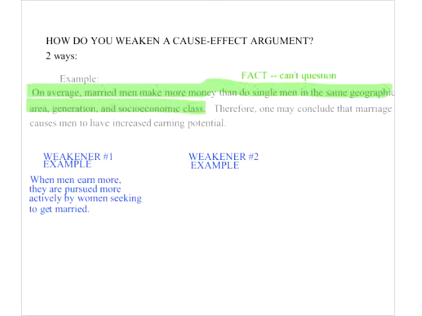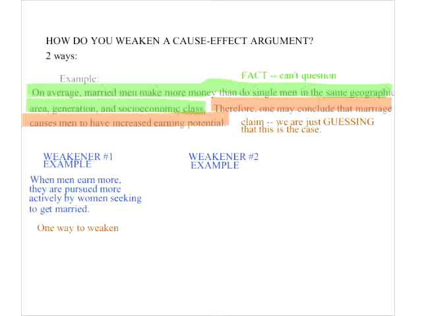This is the claim. This is what you can attack. You can provide alternatives to this claim. But we are just guessing that this is the case. So, what's going on here is one way to weaken X causes Y is to give evidence suggesting that it's backwards.